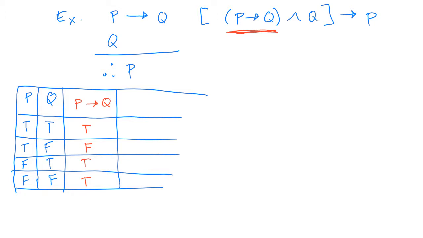Okay, and then I'm looking at the next operator, which is and. That would be P conditional Q, or if P then Q, and Q. And let's work on that one.